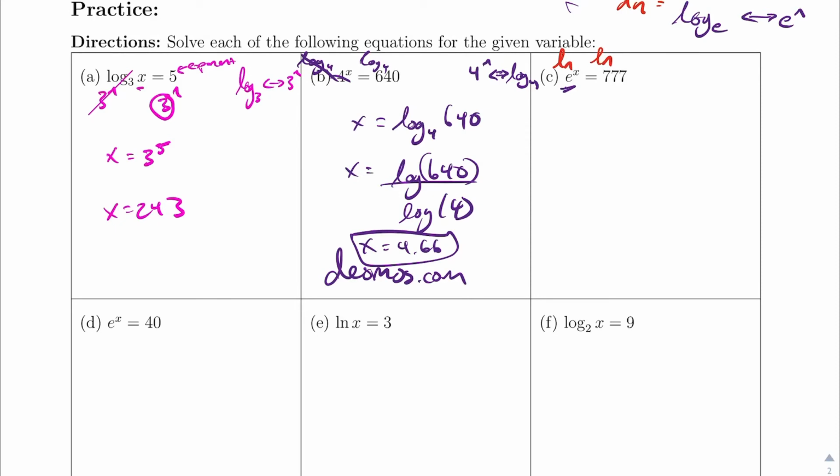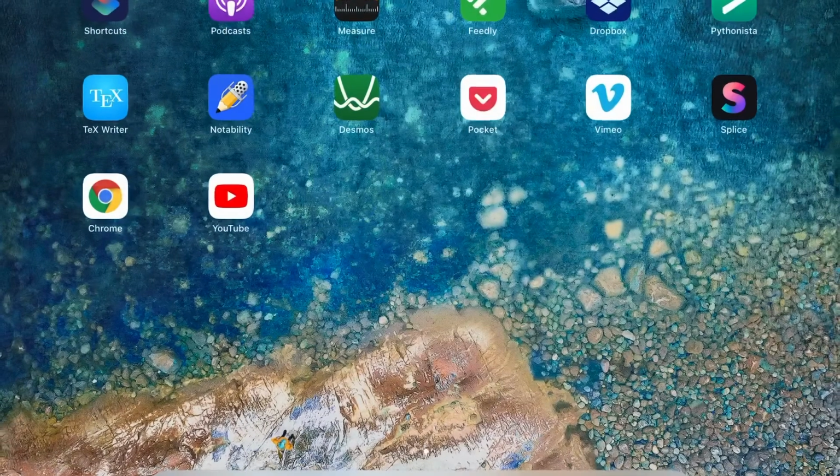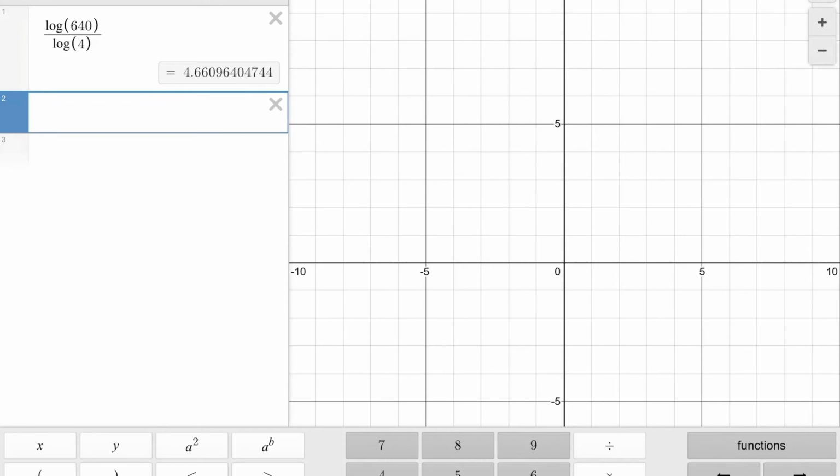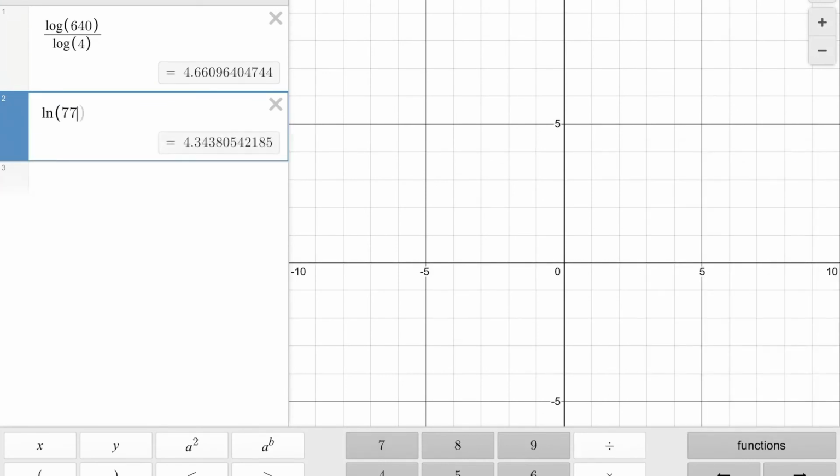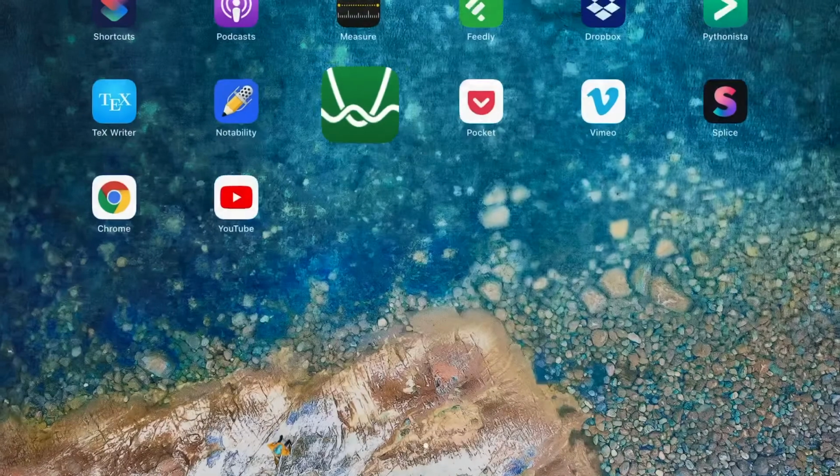Ln and base e cancel out, giving us x is equal to ln of 777. And you'll notice that this is much easier to type in on your calculator. For ln of 777, you can just type in functions, miscellaneous, ln 777. Cool, so 6.66.